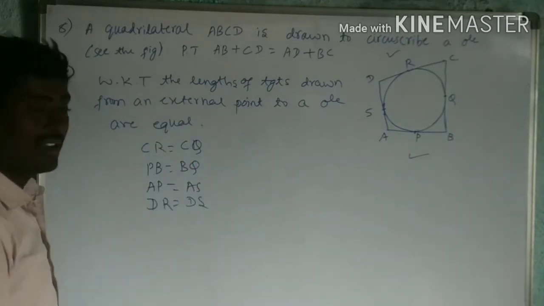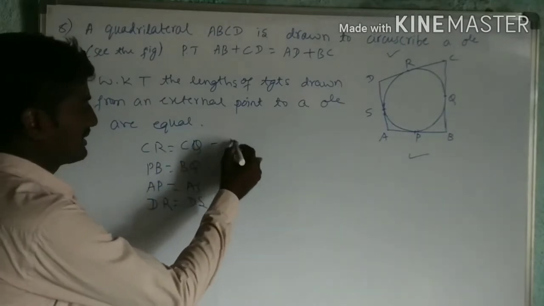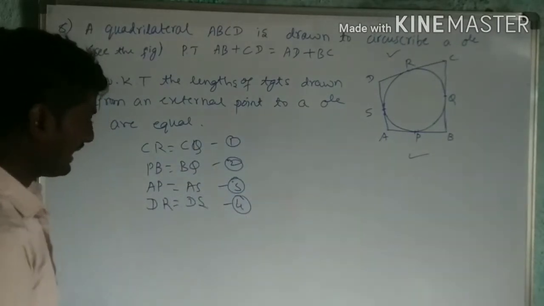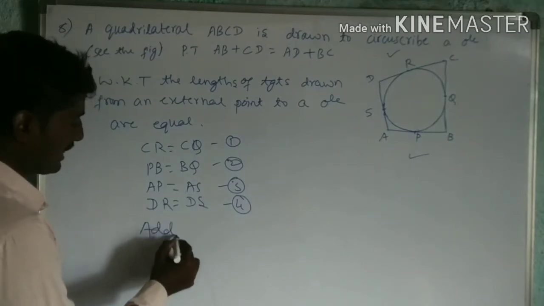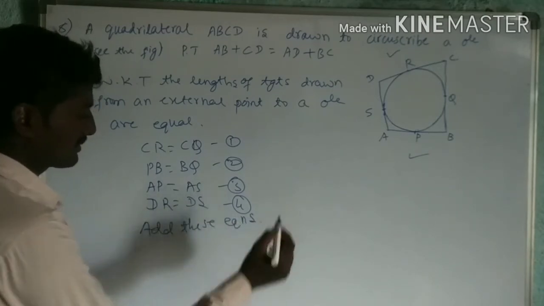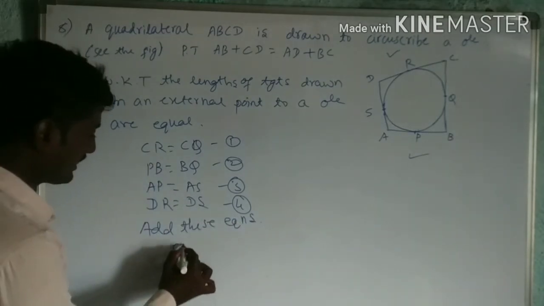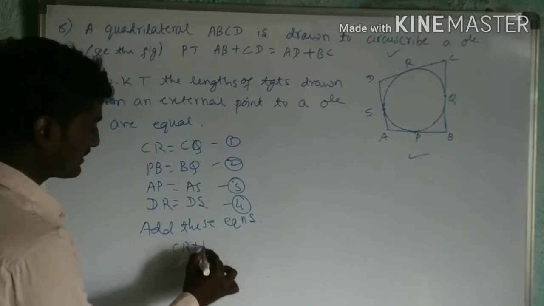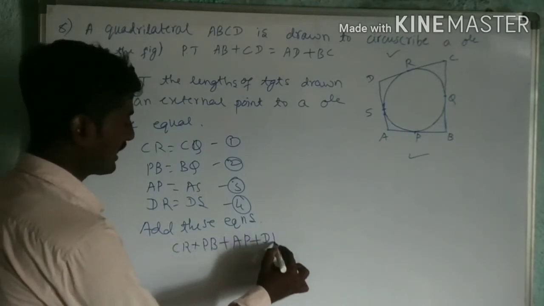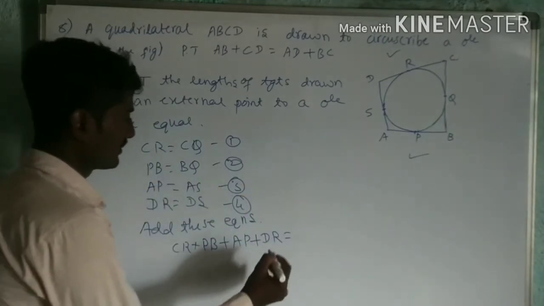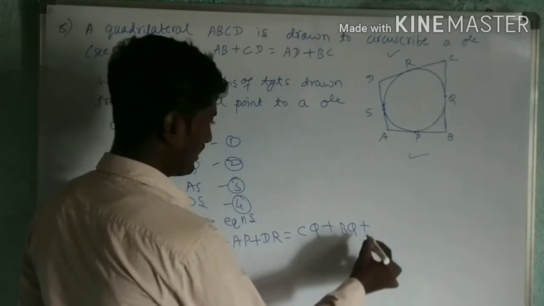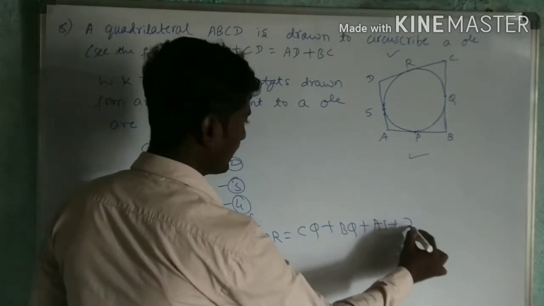Now let us add all these 4 equations, calling them equations 1, 2, 3, 4. Adding these equations, what I will get: on the left side CR plus PB plus AP plus DR is equal to the right side CQ plus BQ plus AS plus DS.